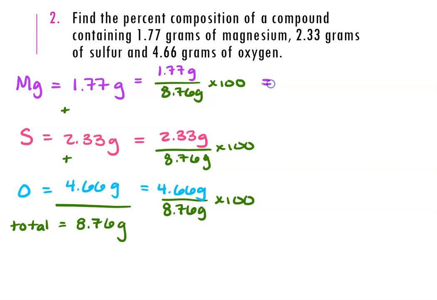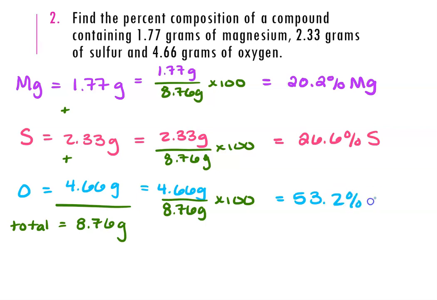All right, and so now I just plug this into my calculator, and if I round to one decimal place, I get 20.2% magnesium, and I get 26.6% sulfur, and I get 53.2% oxygen. And then if we add all these values up again, we shall see that we get 100%, which is great.